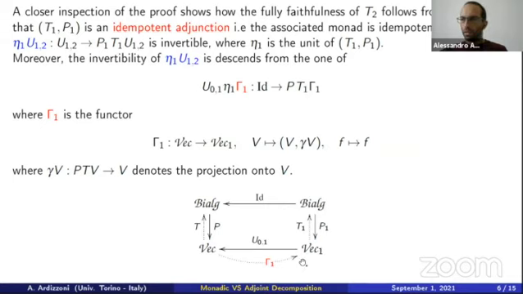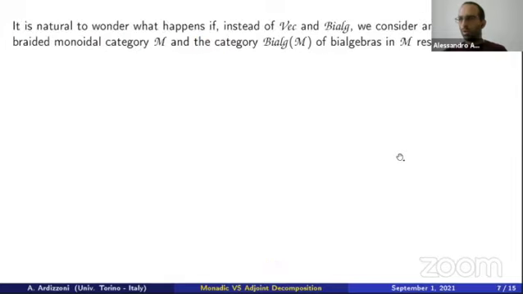This is the point, the key point in proving that the adjunction is idempotent. So if one wants to extend this kind of result, one has to put attention to such a kind of functor. The next idea is, okay, what happens if we replace Vect by any braided monoidal category, and instead of bialgebras over K, we take bialgebras, bimonoids in M?